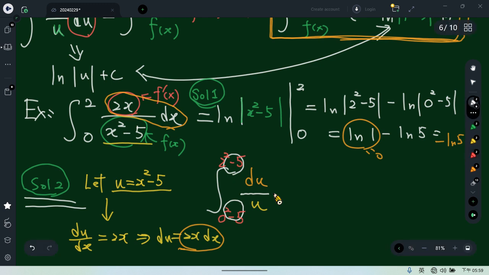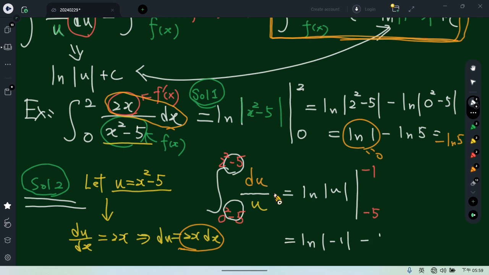So finally, you will face ln of the absolute value of u, then minus 5 to minus 1. Then you can get ln of the absolute value of negative 1 minus ln of the absolute value of minus 5.